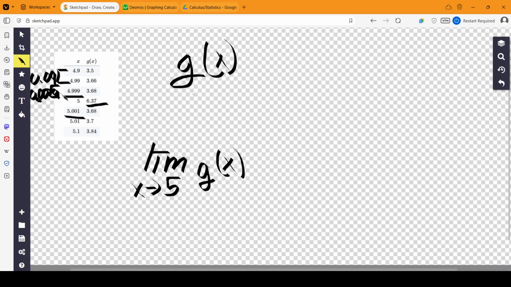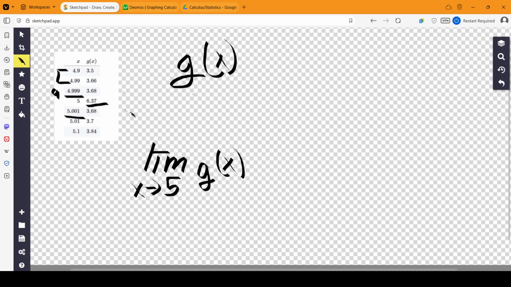The change is just going to get smaller and smaller as x is approaching 5 from the left hand side. So we can also assume that the change in g of x is going to get smaller and smaller. So 3.68 is probably going to be extremely close to the actual value that the function is reaching. And from the right-hand side, we see it's decreasing to 3.68.